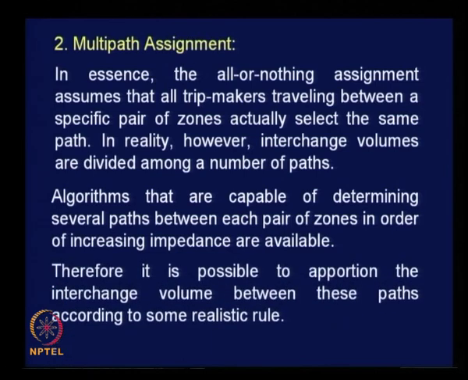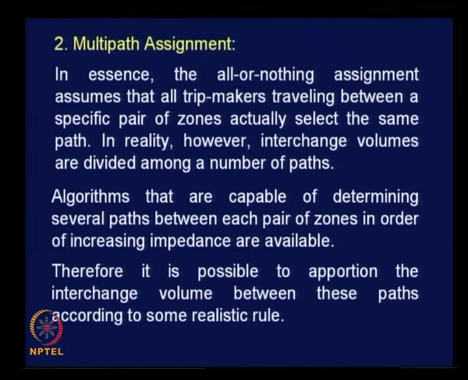Less is the travel time, more is the likely traffic that might use a shorter route compared to a relatively longer route. So, we need to have some kind of algorithm to apportion the traffic among various alternative routes. Therefore, it is possible to apportion the interchange volume between these paths according to some realistic rule.